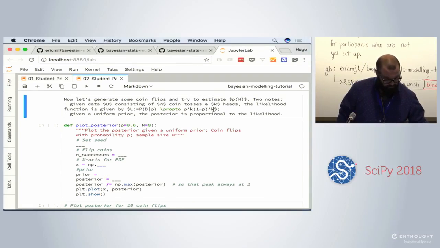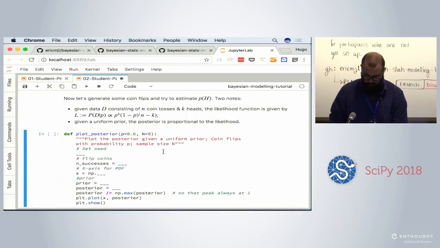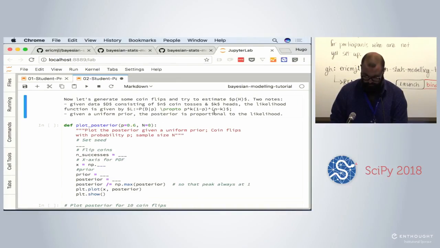So let me look at my notes. Yeah, it's the second one. So let's edit that. Curly braces.